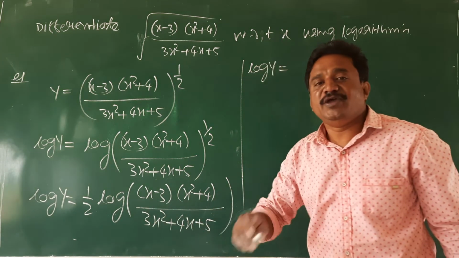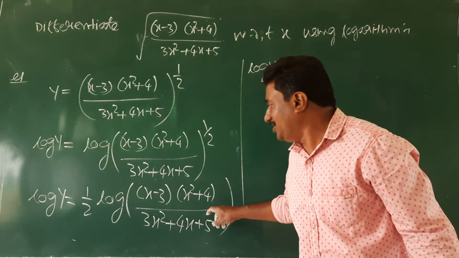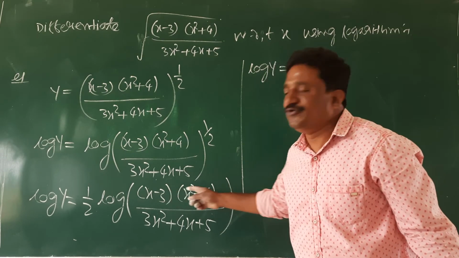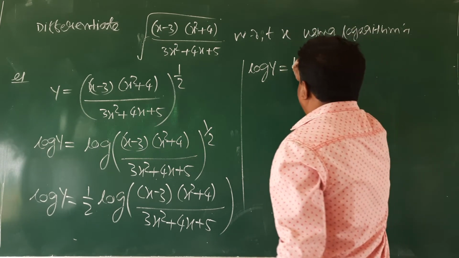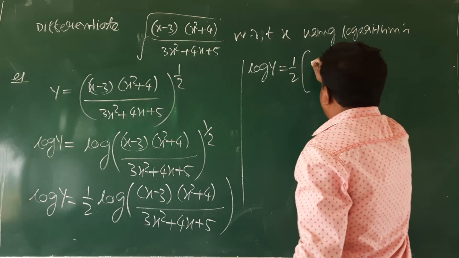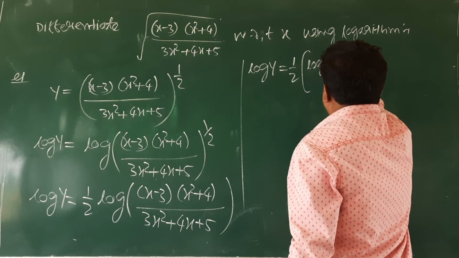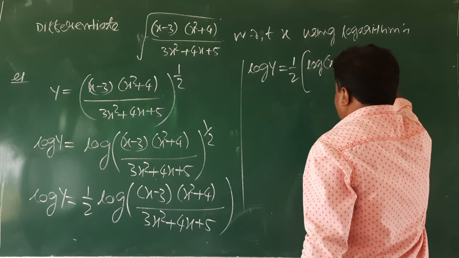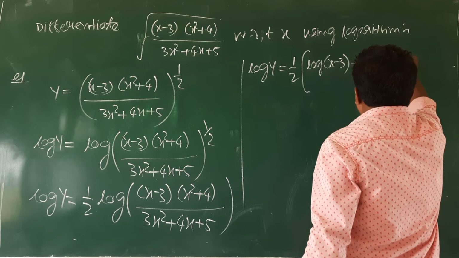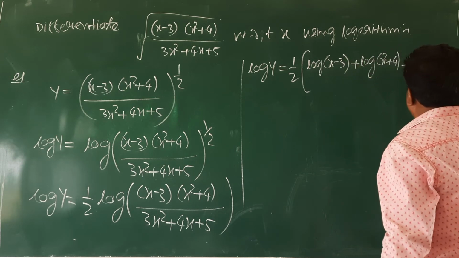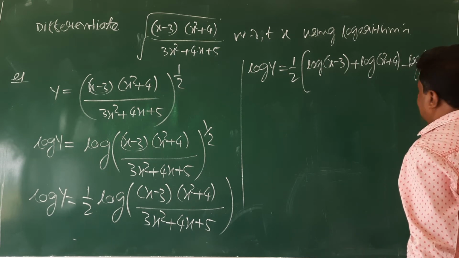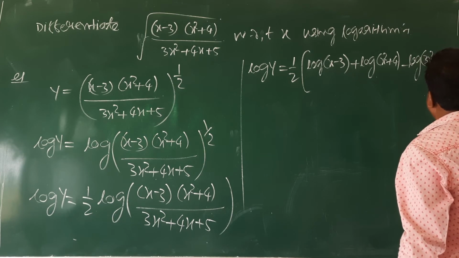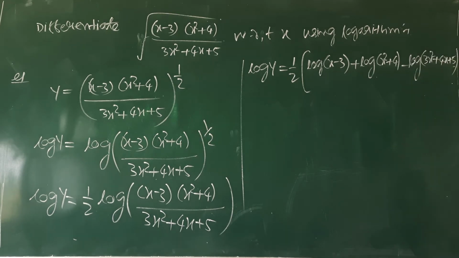In the denominator we have only one term. In the numerator we have a product of two factors. Apply the rule carefully, students. Log y is half into log (x minus 3) plus log (x square plus 4) minus log (3x square plus 4x plus 5).